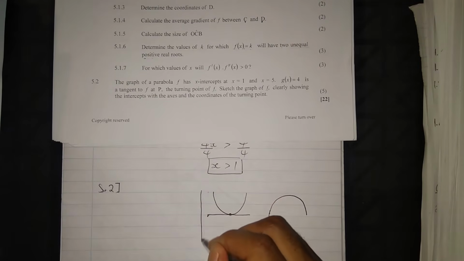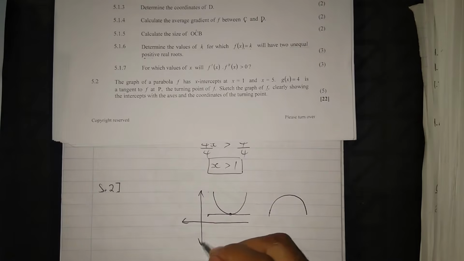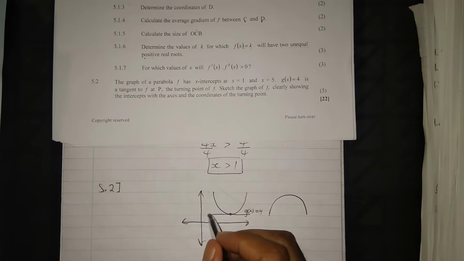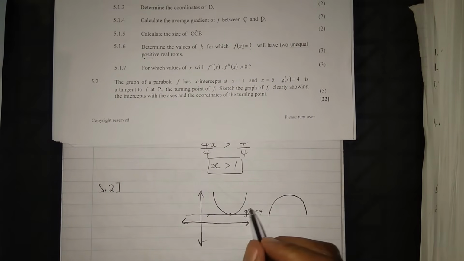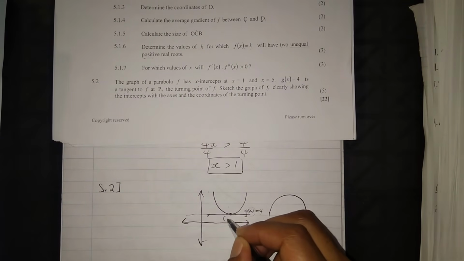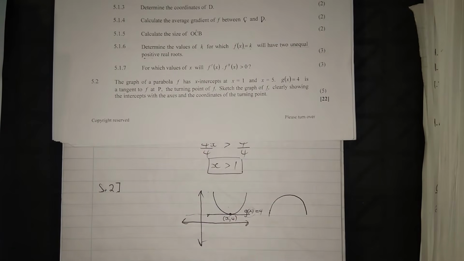Okay, let's say this is my function, then I draw the x-axis on the Cartesian plane. We have a tangent here, g of x equal to 4. So therefore it means this is the y coordinate for the turning point. So therefore the turning point is what? It's x and 4, the x value here.